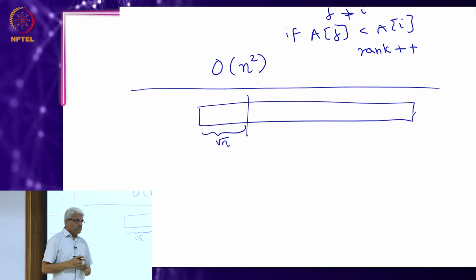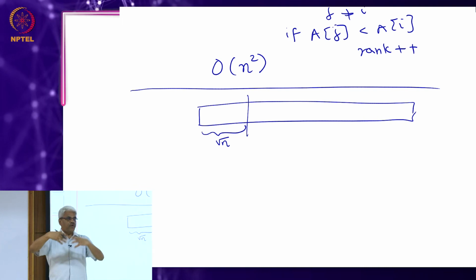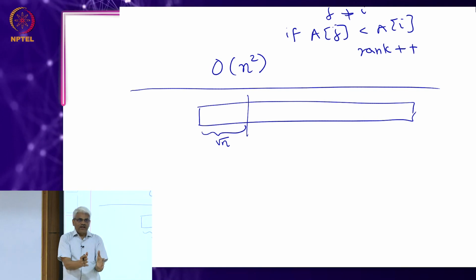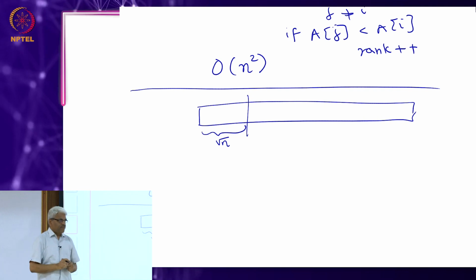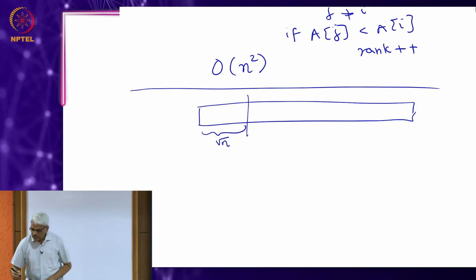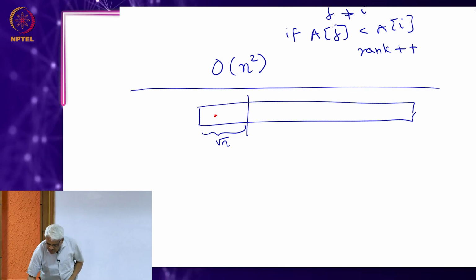Why? Root n is the value. The quadratic algorithm I told you, the n square algorithm, apply it on this block. This block has only root n elements. So in order n time with constant space, I can find the median. Let us say that happens to be this element.